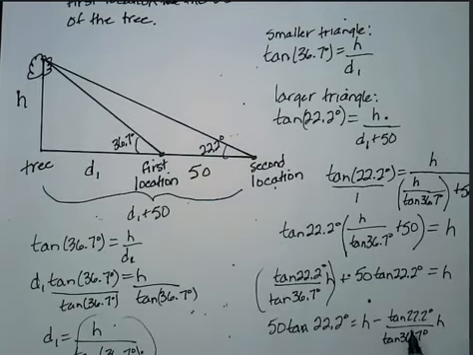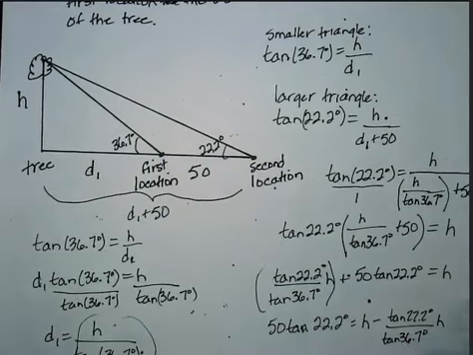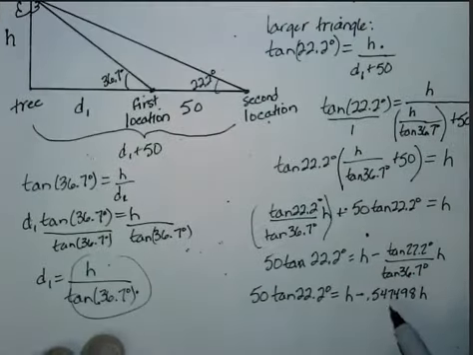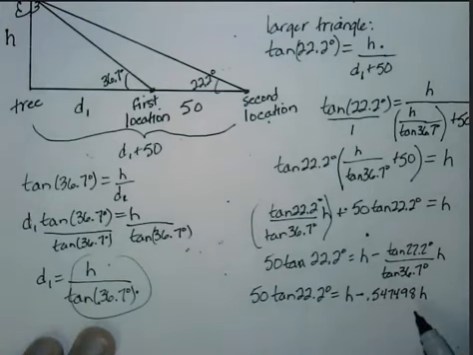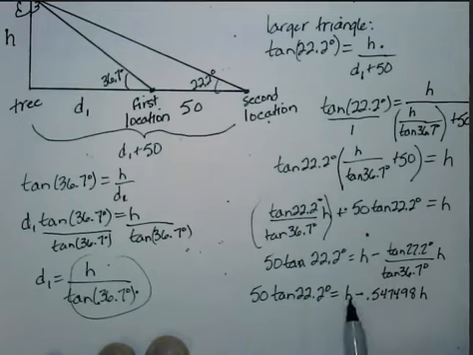Now this is getting really messy, so I'm going to go ahead and put this into my calculator and get a decimal approximation for it. There's my decimal approximation. Notice I took it out to 6 decimal places just to make sure I had enough. Now I can combine these two terms. Remember that there's actually a 1 in front of this h, so I can just subtract those two values.